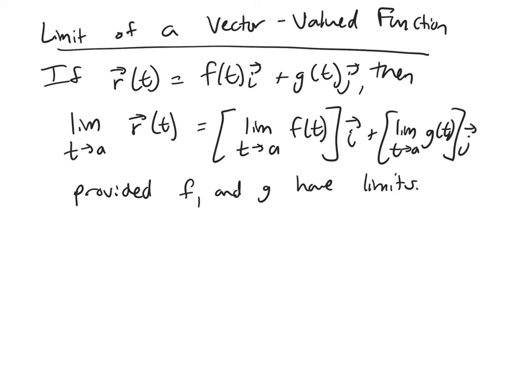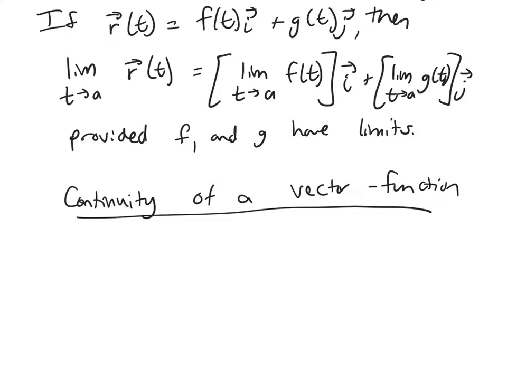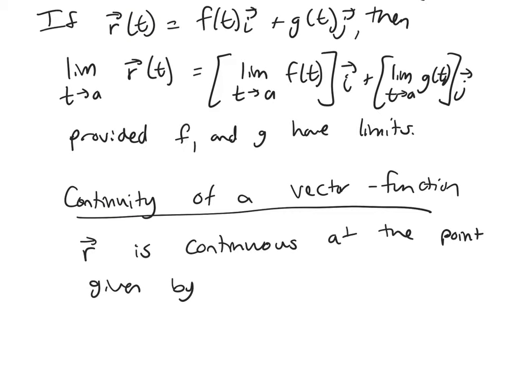The next thing is how to talk about continuity. Continuity of a vector function. So we're going to say that r, our vector function r, is continuous at the point given by t equals a, when 2 things have to happen.